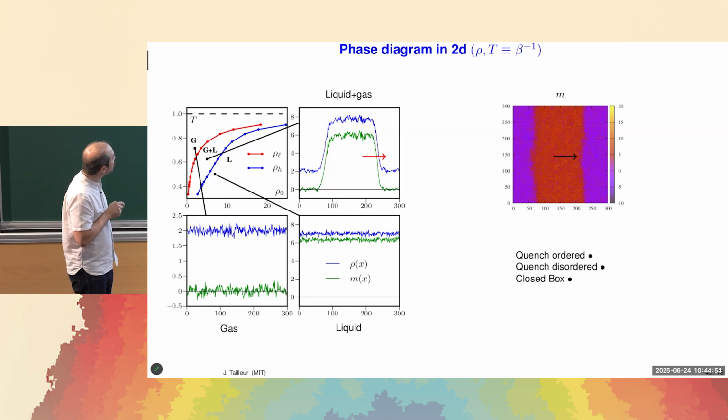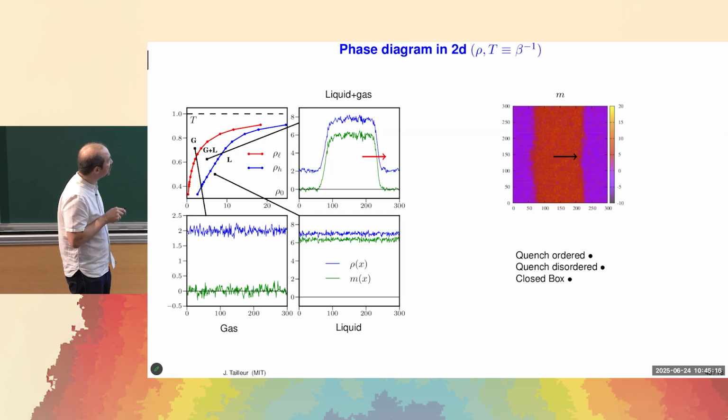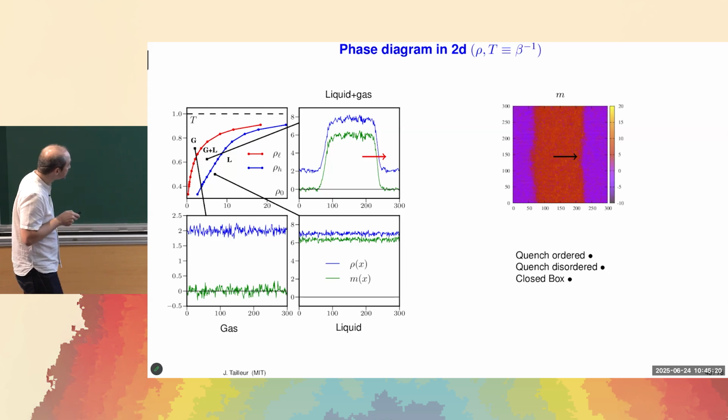This is my temperature-density phase diagram. You see that at small density, large temperature, I have what I call a disordered gas. So my density is homogeneous and constant. My magnetization is homogeneous and 0. Okay, disordered gas, boring. I go to low temperature, high density. This time I have what I would call an ordered liquid. I have a homogeneous density and a homogeneous magnetization, which is here very close to the density.